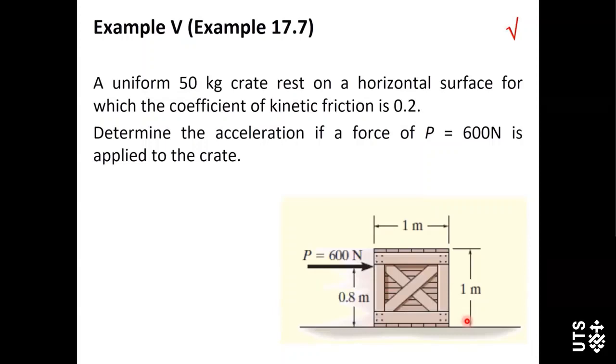We already know the kinetic friction coefficient between this rigid body and the surface is 0.2. The task is to determine the acceleration if a force P is applied to this crate.